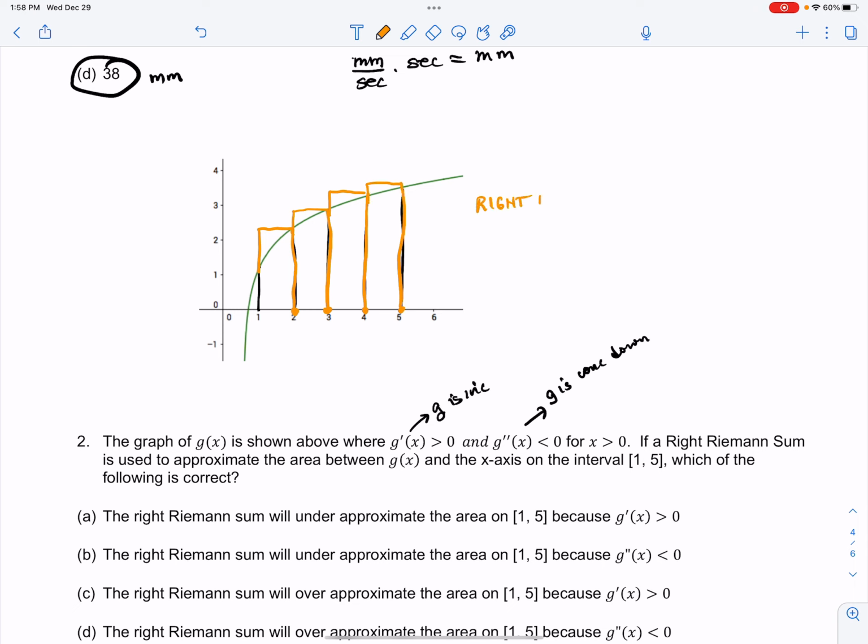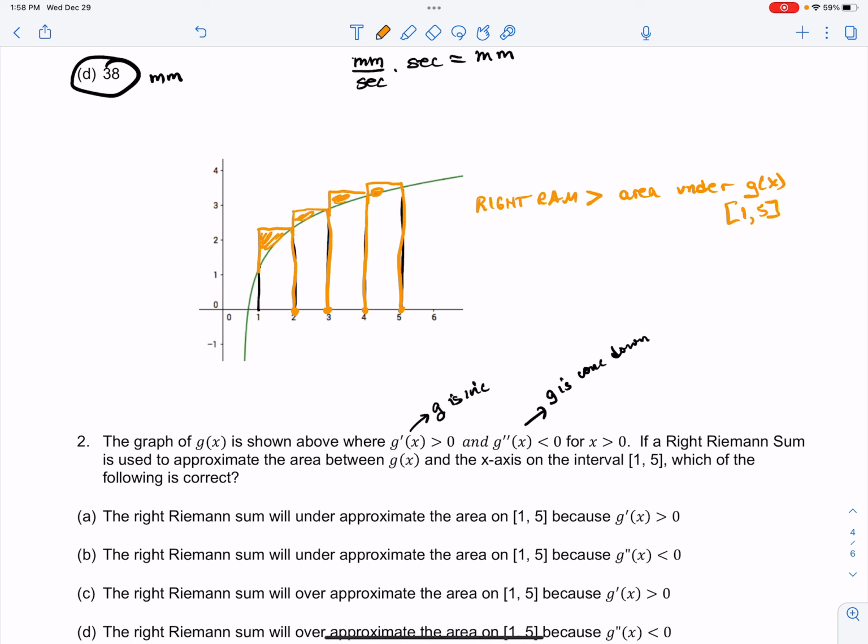All right, which of the following is correct? The right sum will be under the approximate area from 1 to 5. Well, obviously, the right RAM is greater than the area under g from 1 to 5. I think we can see that there's an overestimate here.